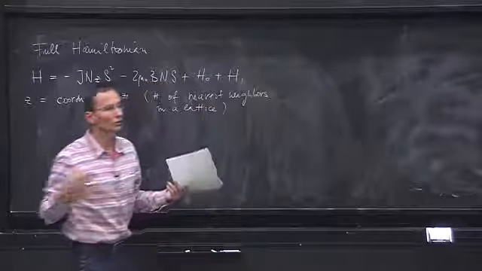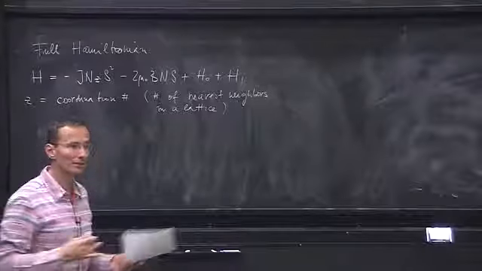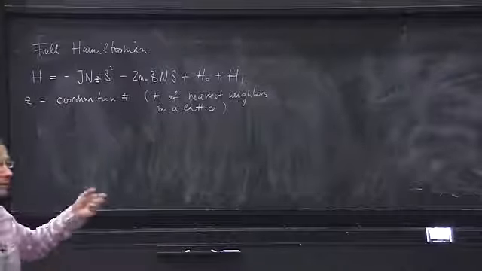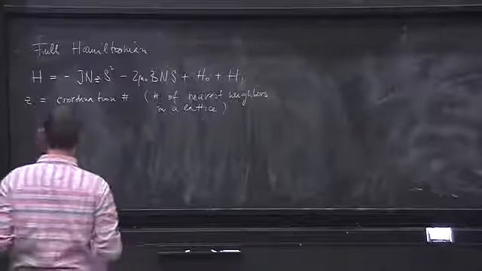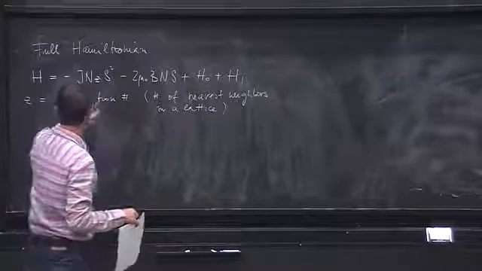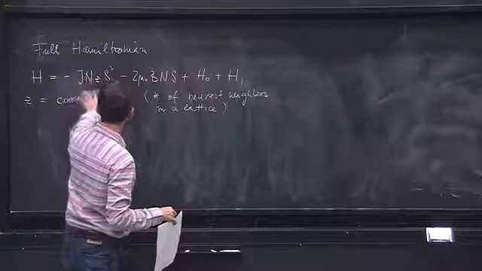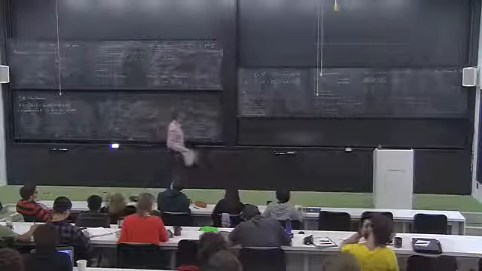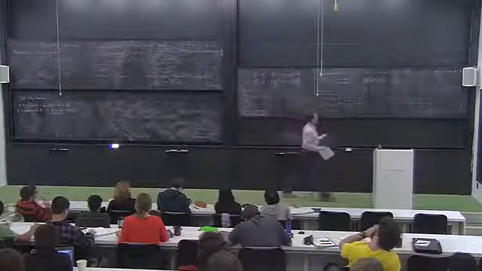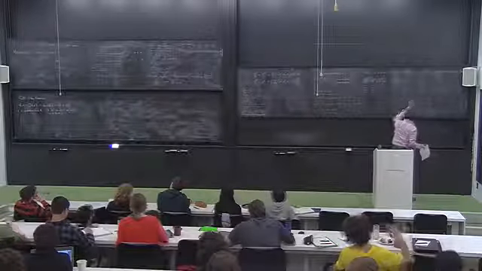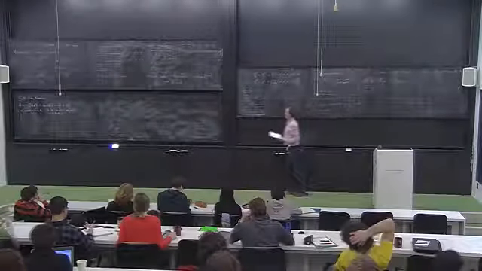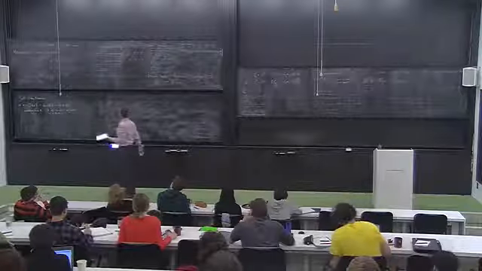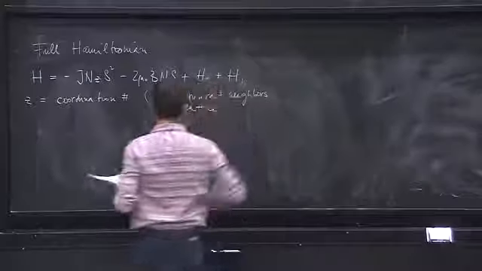For instance, in a cubic lattice, Z would be 6 because you have 1 to the right, 1 to the left, 6 nearest neighbors, and so on. So these are just constant factors that come from, for instance, this term here and this term here. And all the operator content is in these H0 and H1.